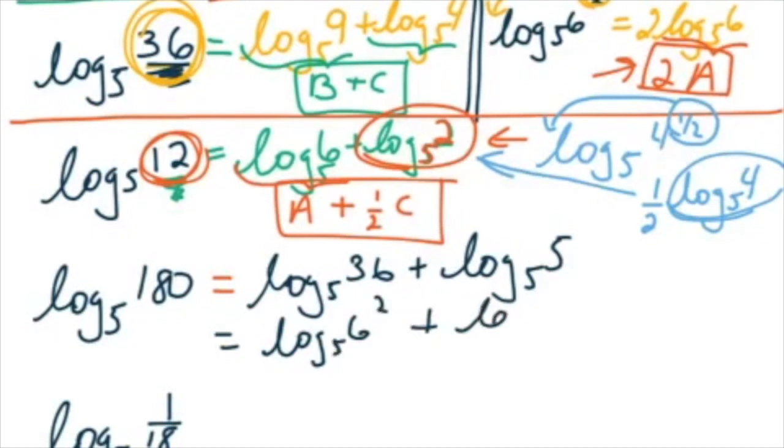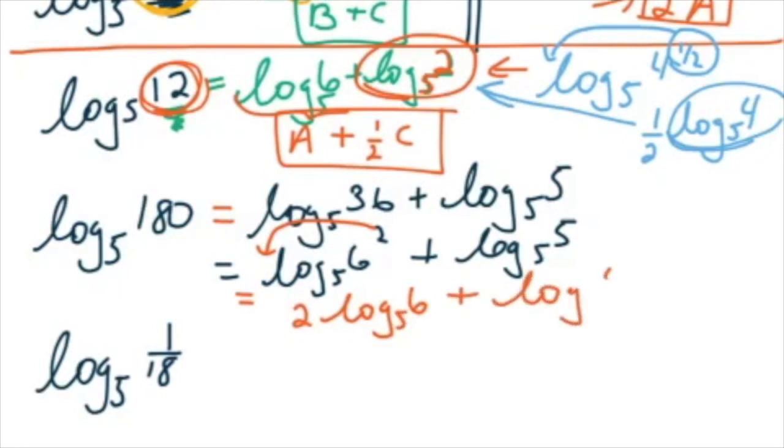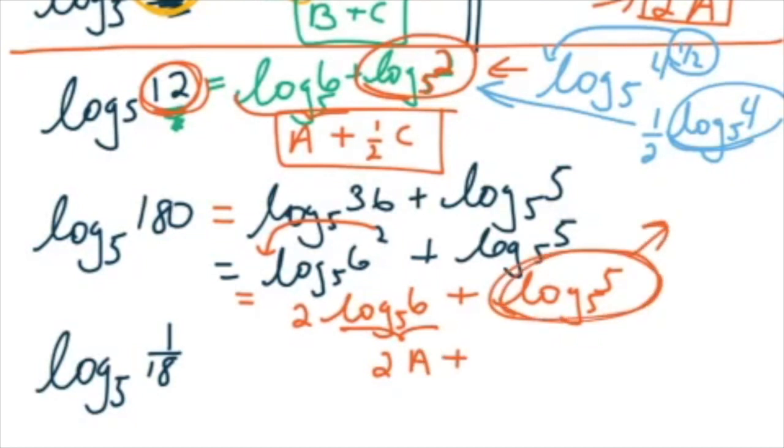The log of 5 base 5, we're going to talk about him in just uno momento, right? So now this 2 can flip on down in front. Check it out. Now I have 2 times the log of 6 base 5 plus the log of 5 base 5. Well, we got log of 6 base 5. Remember, that's a up there. So this becomes 2a. Log of 5 base 5. That's actually an integer.